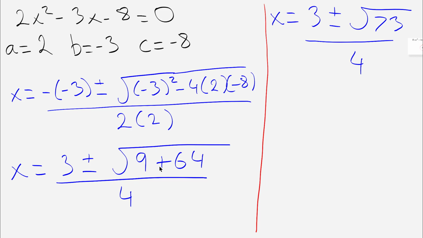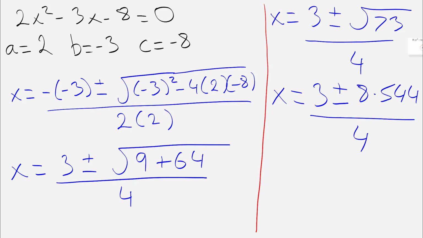Then the next stage is to get your calculator and type in the square root of 73. Continuing, x equals 3 plus or minus, now the square root of 73 is 8.544, all over 4. The next thing to do is to deal with this plus minus here. How do we deal with that?